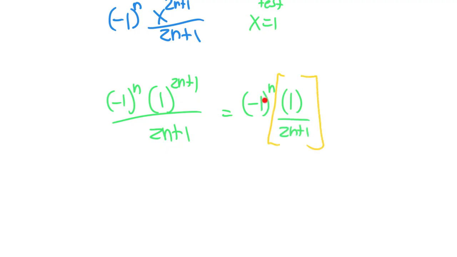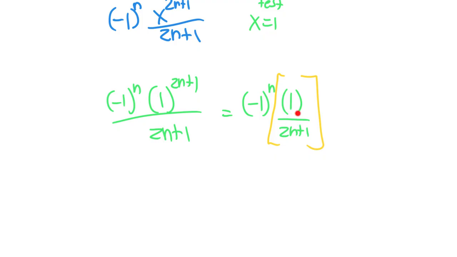If you want, you could wrap that in brackets. Consider this part the alternating part. And once again, by the alternating series test, this actually converges, because the first condition is that the later terms are smaller than the earlier terms. So, for example, the second term would be smaller than the first term, and so on.